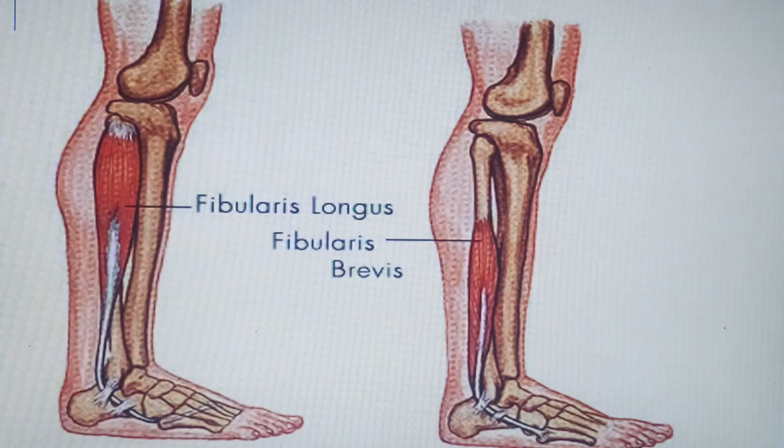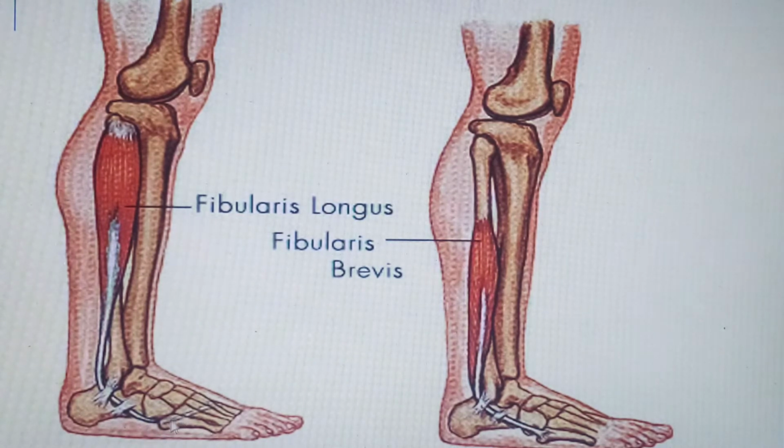Then it will run inferiorly, running deep to the superior and inferior fibular retinacula, or the calcaneofibular ligament, and then running on the underside of the foot.